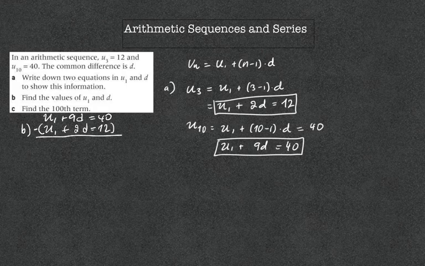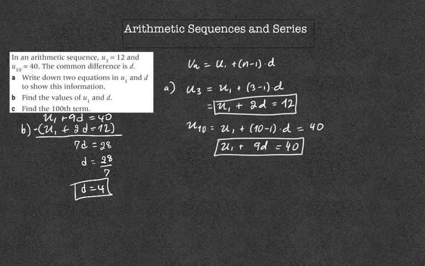So when we subtract them, U1 minus U1 is 0, 9D minus 2D is 7D, and 40 minus 12 is 28. So D is equal to 28 divided by 7, which means D is equal to 4.